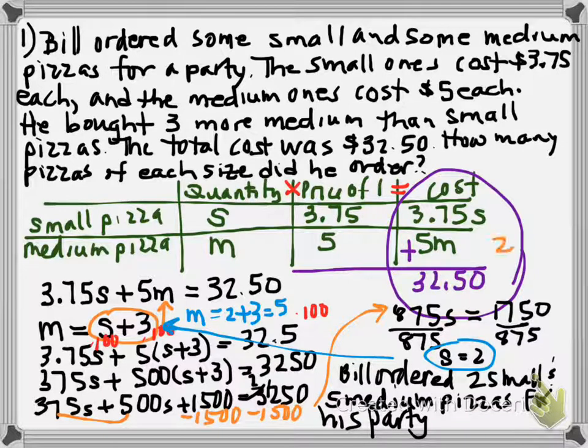Okay, so this is $25. And if I bought 2 pizzas that were $3.75 each, how much money does that add up to? $7.50. And if I add those together, I get exactly what I'm supposed to get, $32.50.